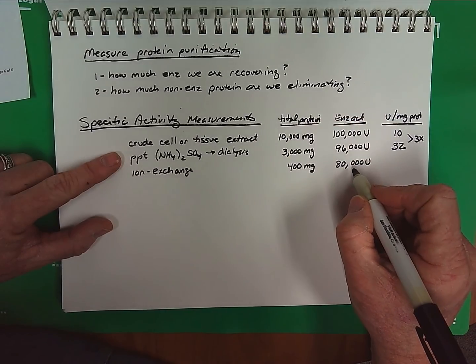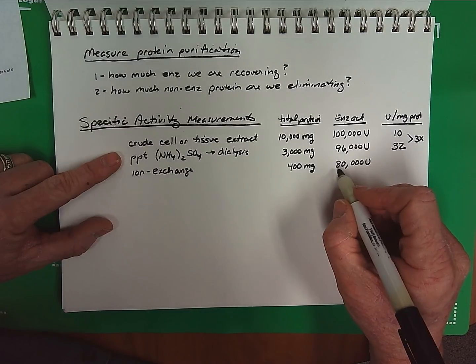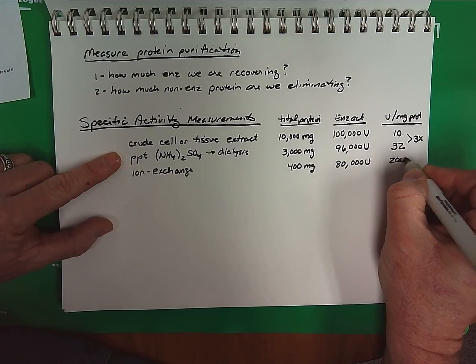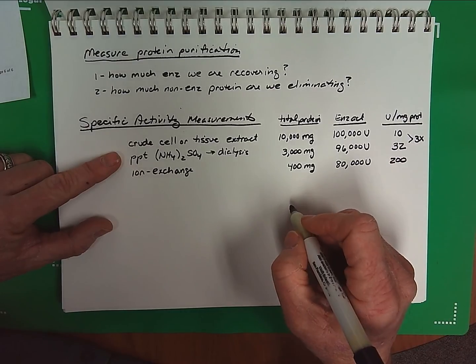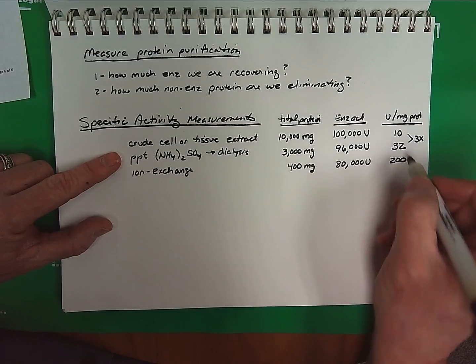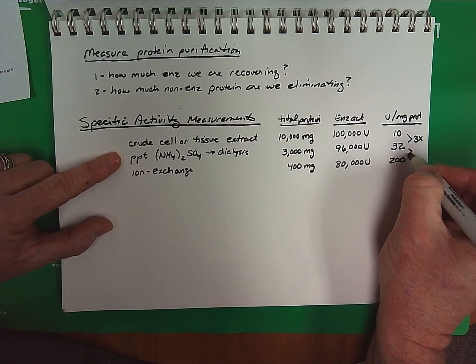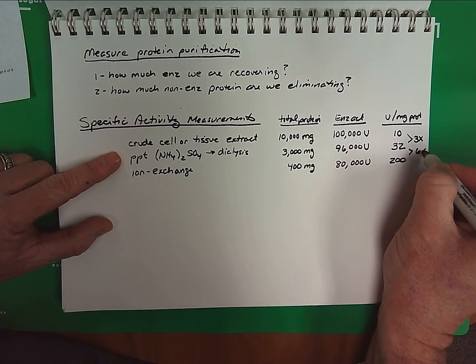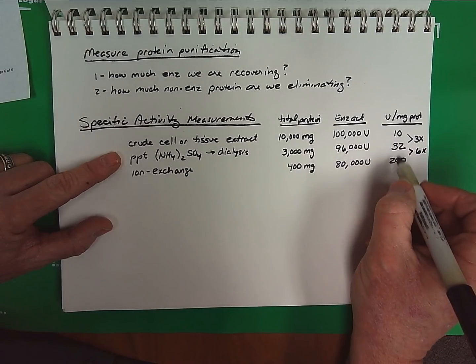If we calculate our specific activity, units per milligram, we see now that we have 200 units per milligram of protein. This represents greater than sixfold purification over the previous step.